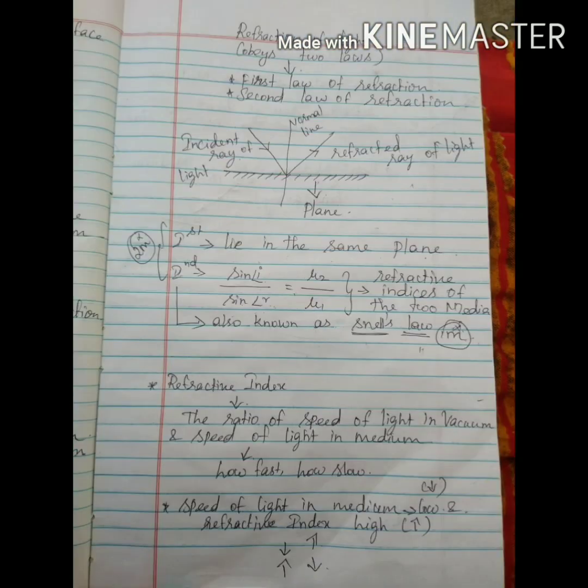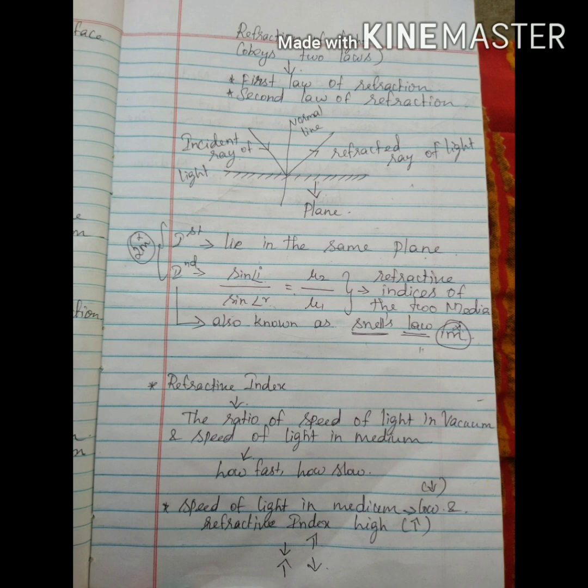Refraction of light obeys 2 laws: the first law of refraction and the second law of refraction. Now see the first law of refraction. See the diagram. The incident ray of light and the refracted ray of light lie in the same plane. This is the first law of refraction.